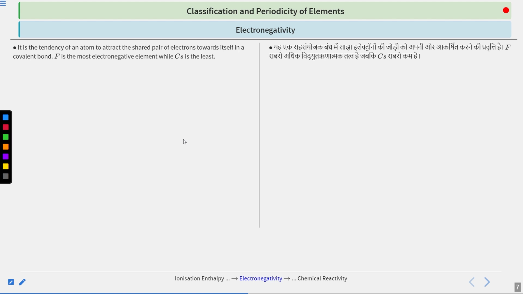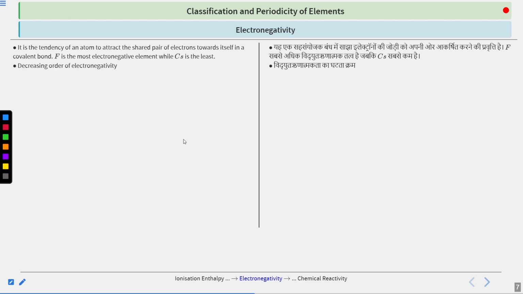But in electronegativity, since there is no thermodynamics involved and just the tendency to pull the shared pair of electrons, fluorine wins in this case. Cesium is the least because cesium has no competition. It is easily available to lose its electrons, and the size is larger, so it does so very easily.